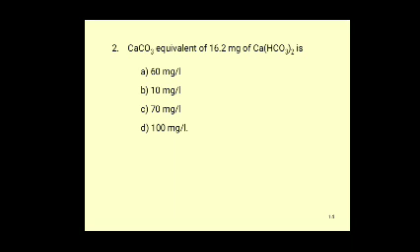CaCO3 equivalent weight is equal to weight of calcium bicarbonate by gram molecular weight of calcium bicarbonate into 100. Weight of calcium bicarbonate 16.2 by 162 into 100. Therefore, 162 by 162 cancels, zeros cancel. That is equal to 10 milligram per liter. 10 milligram per liter is the answer.